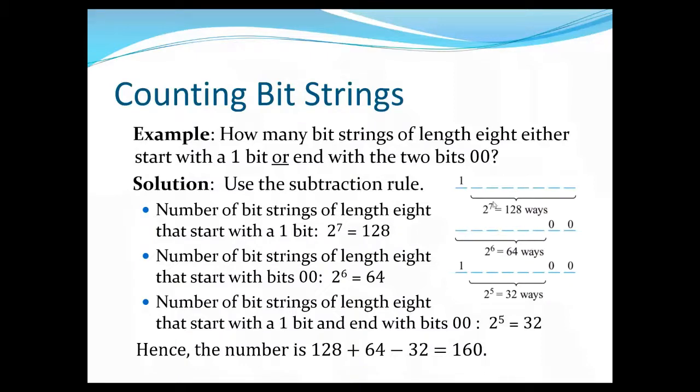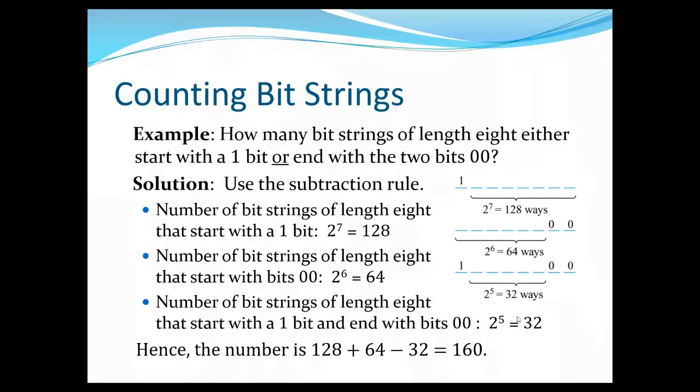So we're just going to add 128 plus 64. Since the strings that start with 1 and end with 00 are already part of both the pattern that starts with 1 and the pattern that ends with 00, these two are not disjoint.